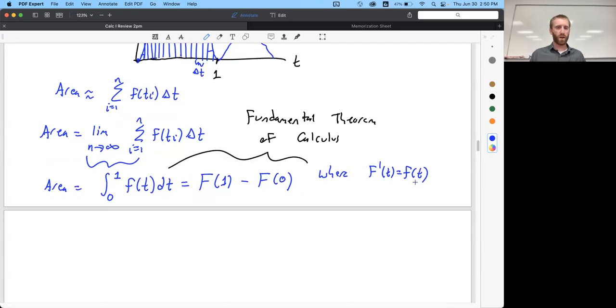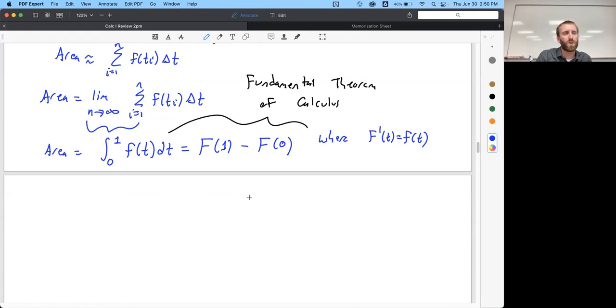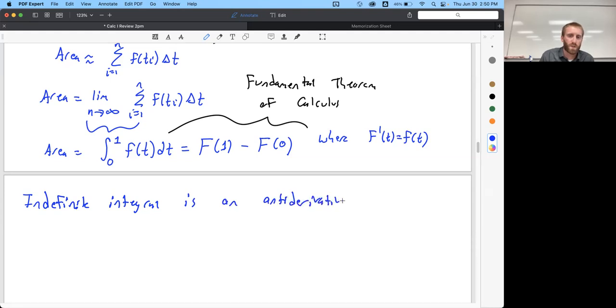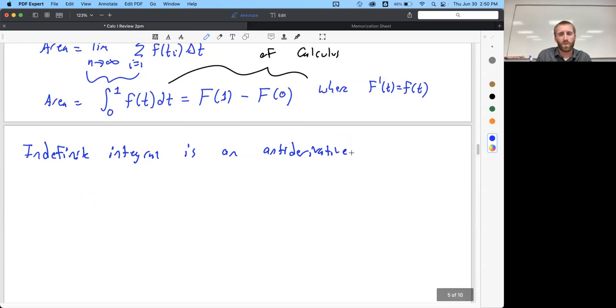Okay, and since we can evaluate definite integrals using antiderivatives, we use the same symbol, this integration symbol, to mean an antiderivative if there's no bound on it. So just really quickly, an indefinite integral is an antiderivative, the opposite of a derivative.